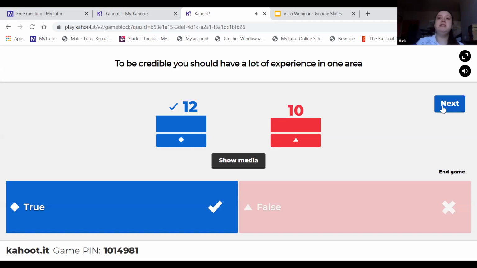So you need to have a lot of experience to be credible, essentially. You need to know what you're talking about. So, for example, I think I gave Chris Whitty as being an example of someone who's very credible because he's got so much medical experience and he's done so much stuff in his professional career that he really knows what he's talking about and he's the best person to go to for advice.